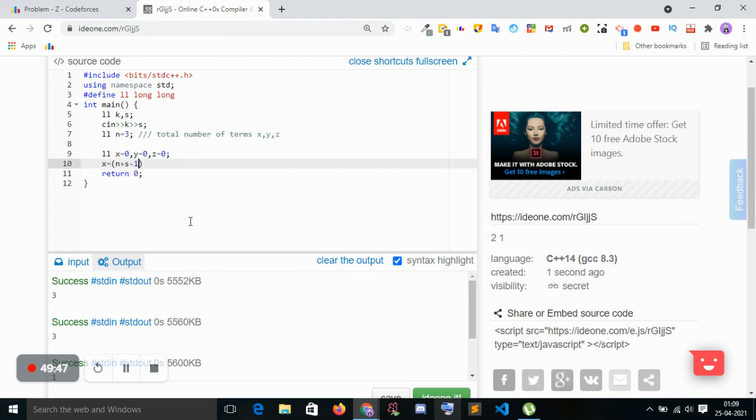Remember this is our first coefficient, of x to the power s, which is s plus 2 Cs. So n becomes 3, 3 minus 1 is 2. Then y is my formula for k plus 1, so the formula is n plus s minus k minus 2.